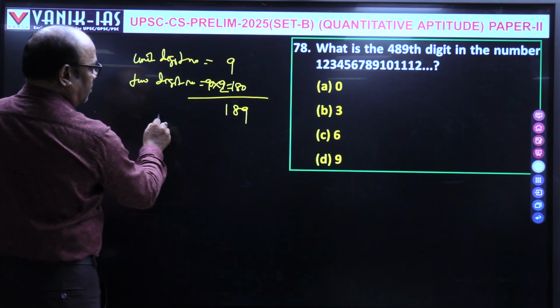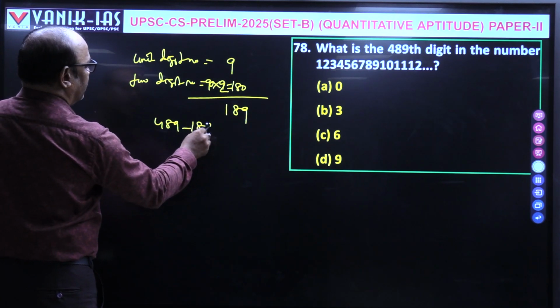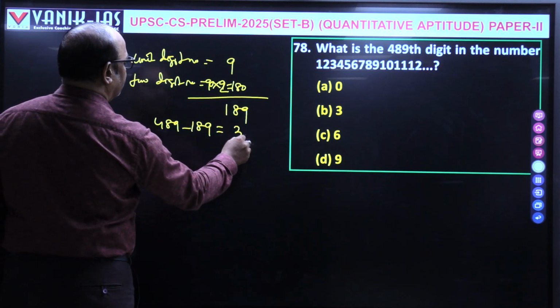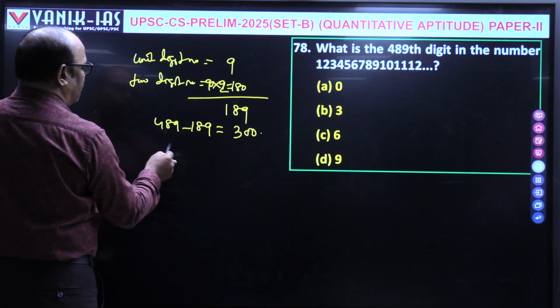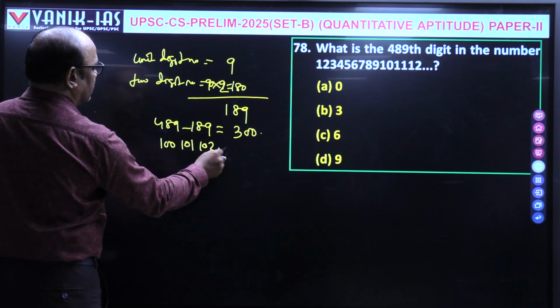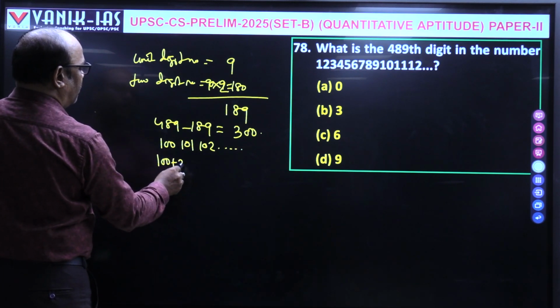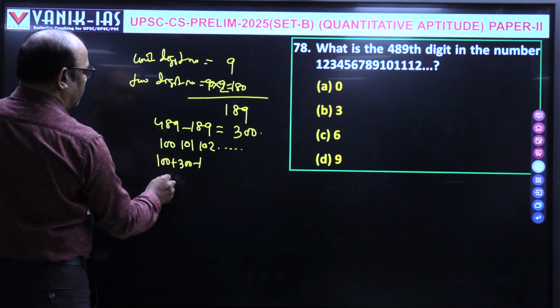Subtract: 489 minus 189. The remaining digits are 300, starting with all 3-digit numbers from 100, 101, 102, like this. What will the last number be?